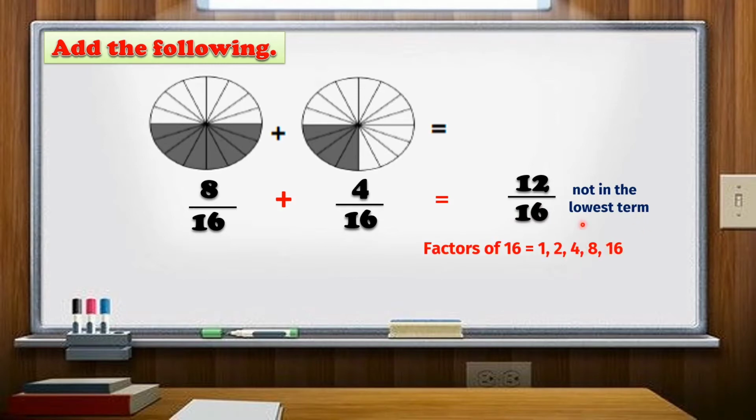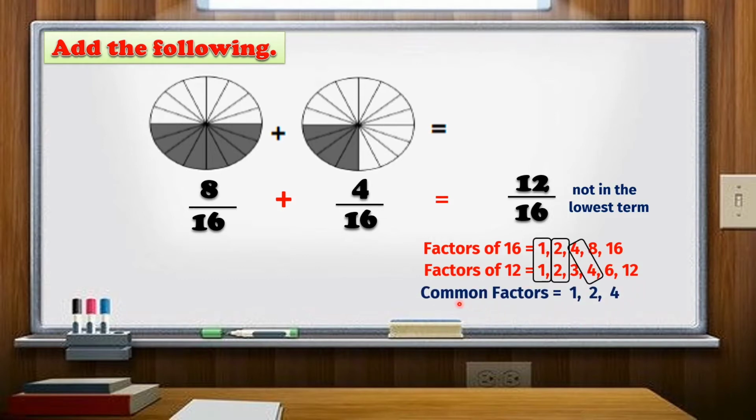So, we are going to find the factors of 12 and 16. The factors of 16 are 1, 2, 4, 8, and 16. The factors of 12 are 1, 2, 3, 4, 6, and 12. Common factors of 12 and 16 are 1, 2, and 4. And the greatest common factor of 12 and 16 is 4.